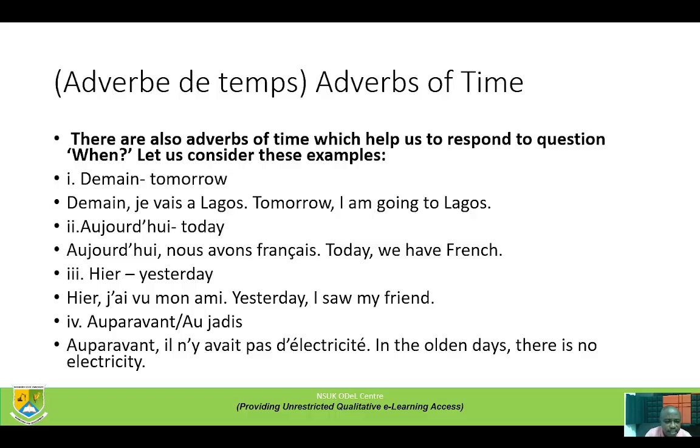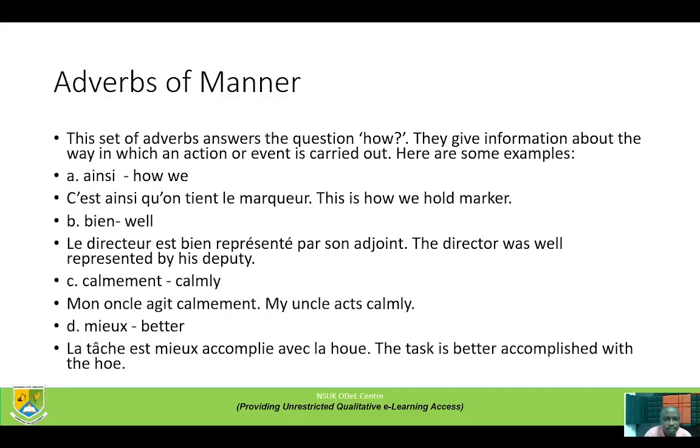Hier, yesterday. Hier, j'ai vu mon ami. Yesterday I saw my friend. Auparavant means in the olden days. Auparavant, il n'y a pas d'électricité. In the olden days, there was no electricity.